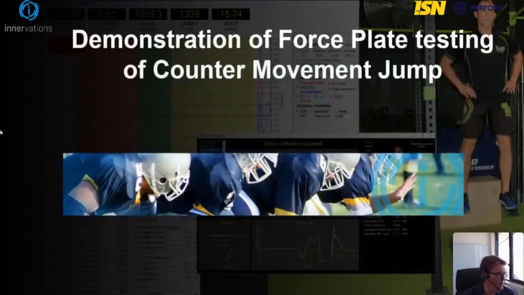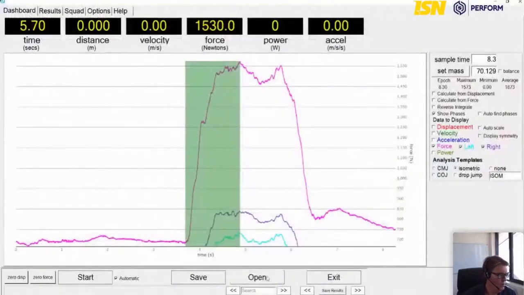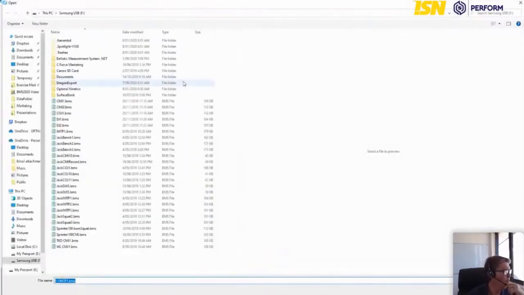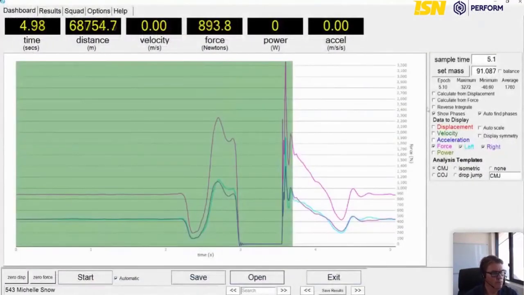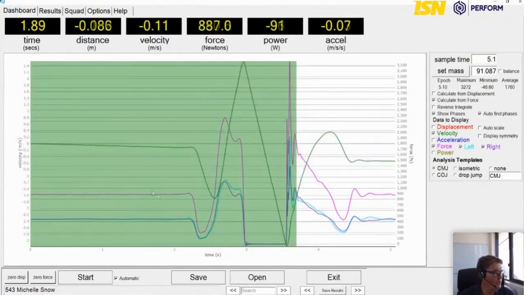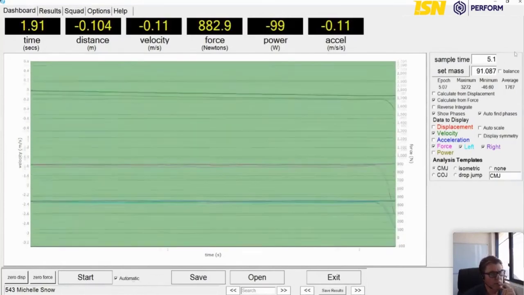So let's have a look at an example of a counter movement jump. So here what we're going to do is just one moment to set it all up.